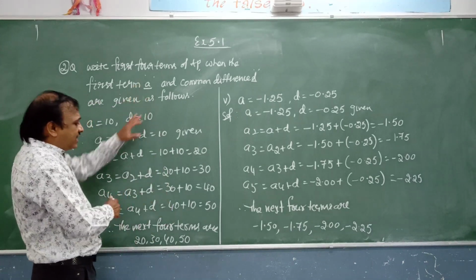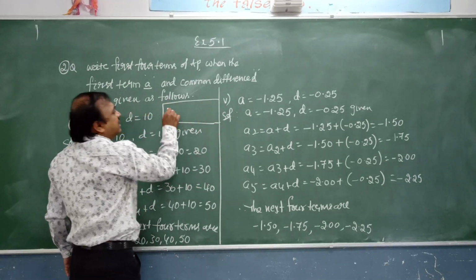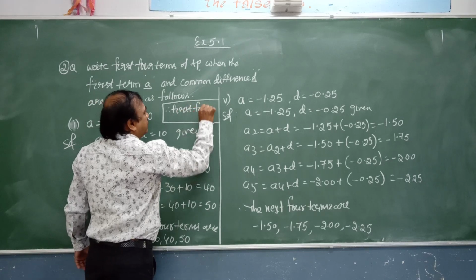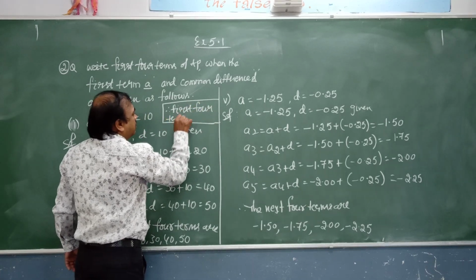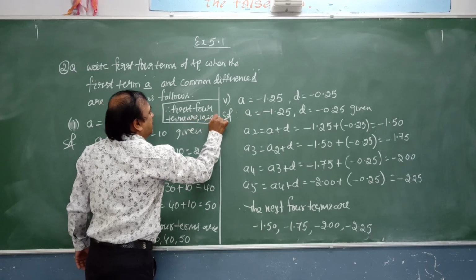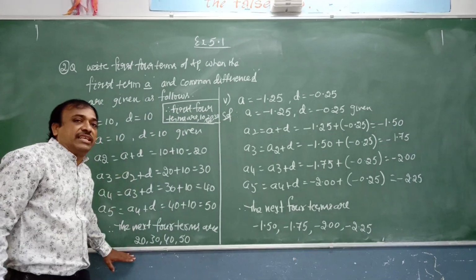Therefore, the first four terms, here I am writing, check it once, are 10, 20, 30 and 40. Next means we are including this.